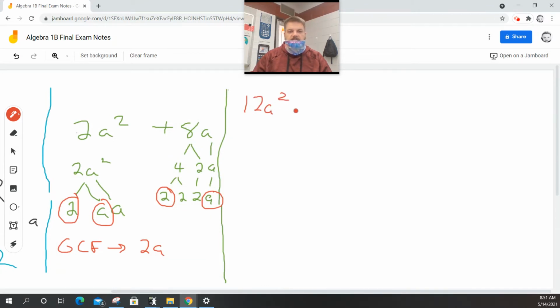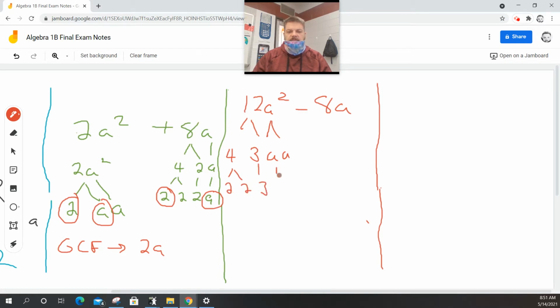Next one. 12a squared minus 8a. 12 is 4 times 3. A squared is a times a. 4 is 2 times 2. 3 is a prime number. 3 times a times a. 8, and it's a negative 8, so I'm completely ignoring the negative signs for now.